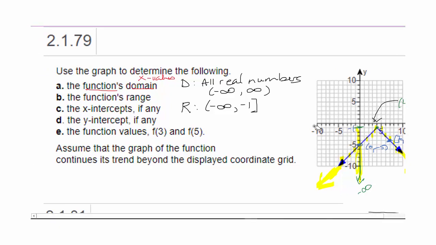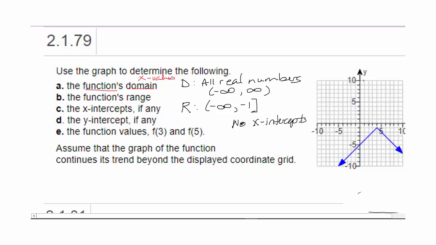Now let's find part C, x-intercepts. So x-intercepts are points where the function hits the x-axis, but there are none on this one. So for part C, we would say none, no x-intercepts. And y-intercept, if any.